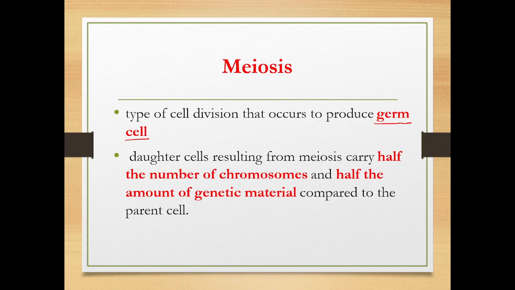And in most cases, this type of cell division leads to the production of 4 daughter cells.